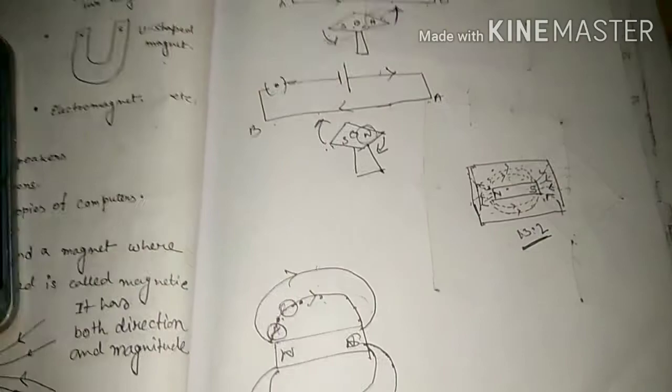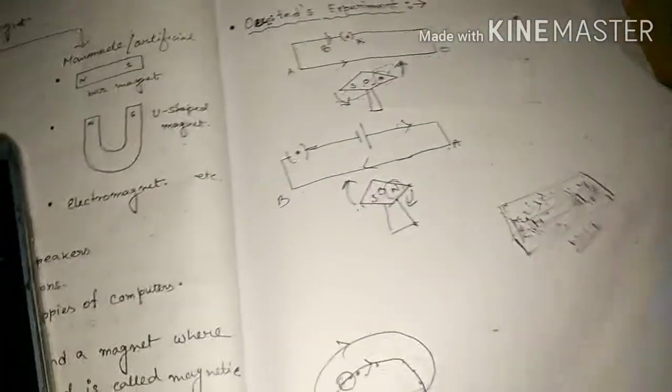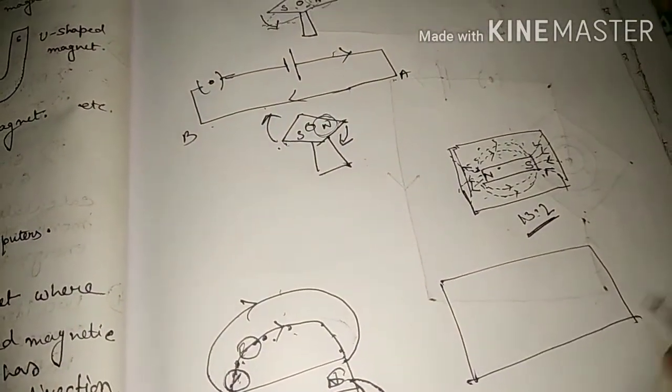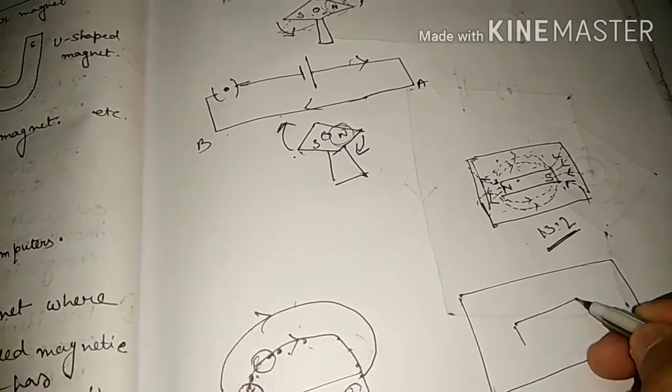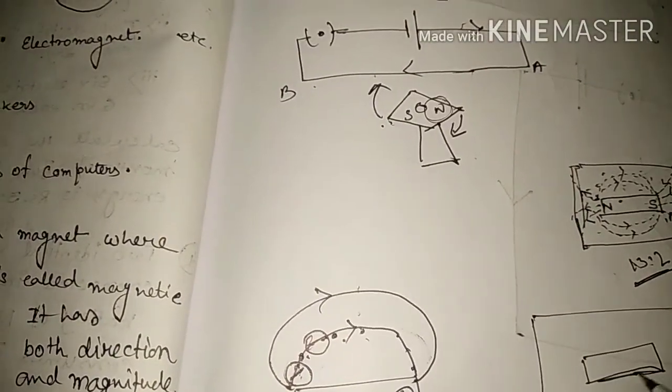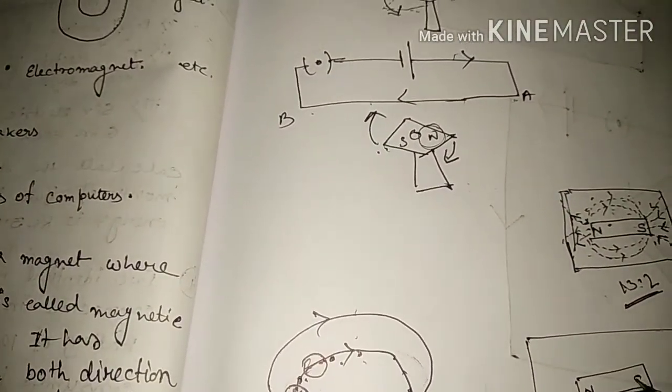Another activity, this is figure number 13.3. In that activity, you need one bar magnet and one magnetic needle or compass. You take one white paper and place a bar magnet in the middle of the paper. Now this is north, this is south.